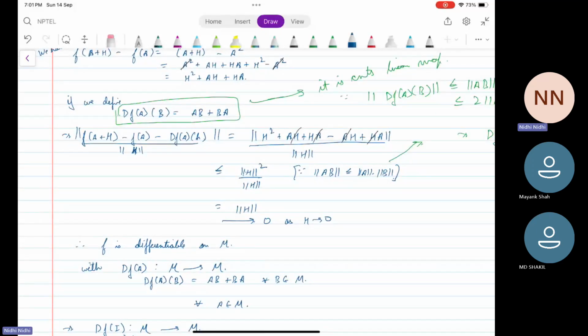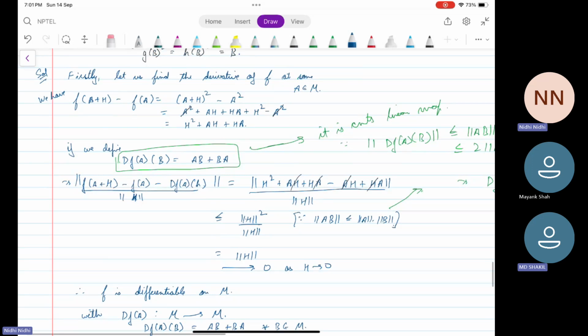So for matrices, it is comparatively easier to find the derivative. You don't need to find the Jacobian and all those things. In fact, this is also a good way to start if you want to find the derivative of some function. Start with f of x plus h minus f of x, and see if somehow by manipulation we can get this limit to be 0. Here we were directly getting some continuous map, that's why it was easier.